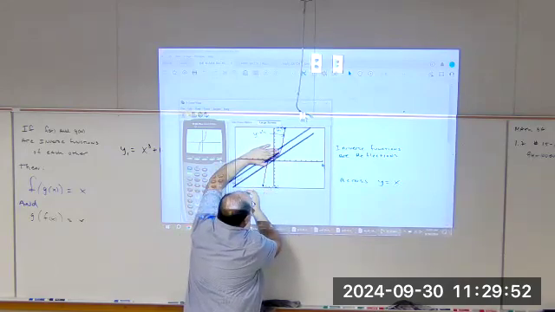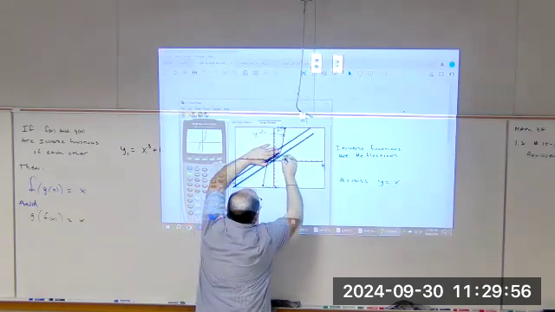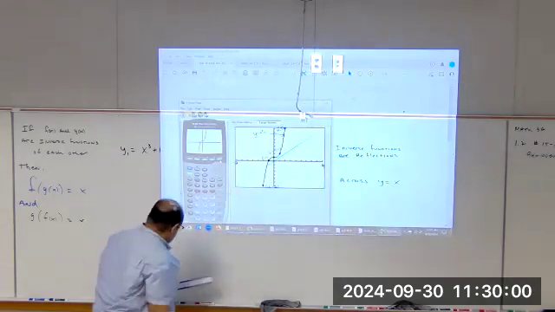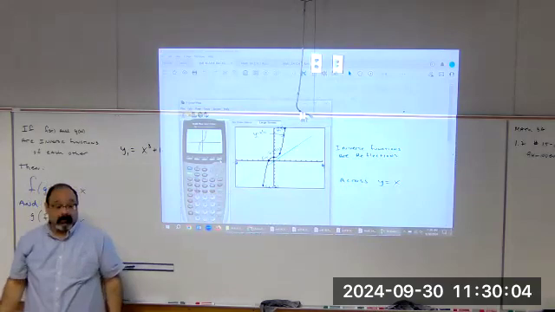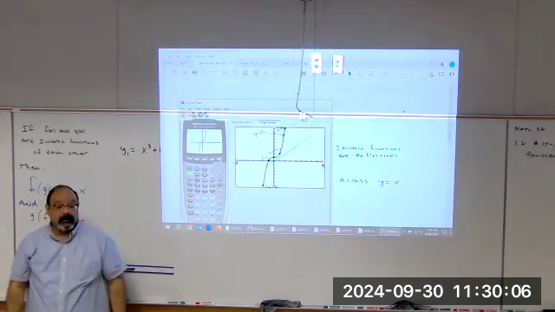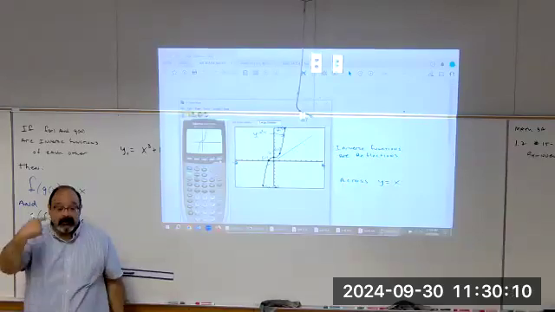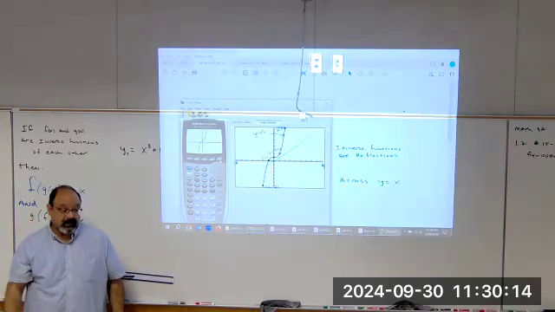When I say reflection line, think about the word reflection. Like a mirror. When you're staring at yourself in a mirror, let's say you're 2 feet in front of the mirror. Your image looks like it's standing 2 feet on the other side of the mirror.